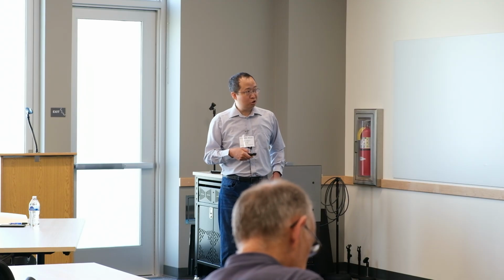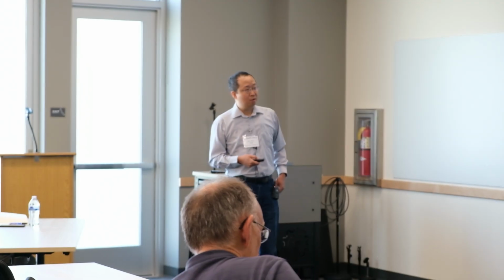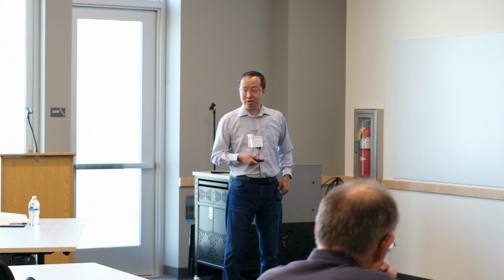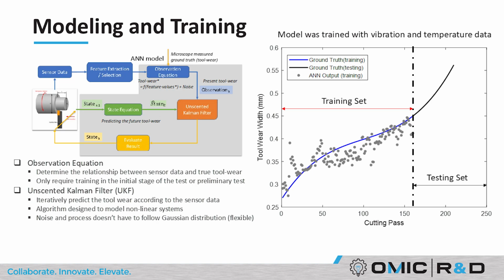And we are going to show the difference between the new model and the conventional unscented Kalman filter model with respect to the performance of this prediction. Based on these two models, we are using the first 160 cuts. The data sampled in those cuts, we make use of them to train these models to learn about the relationship between the sensor data and the tool wear.